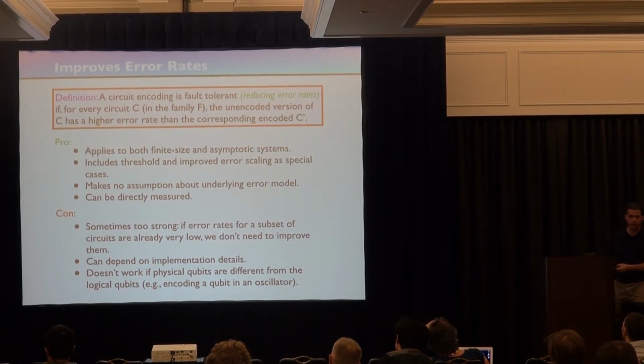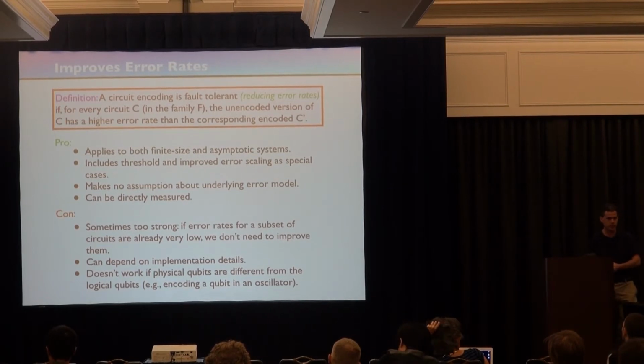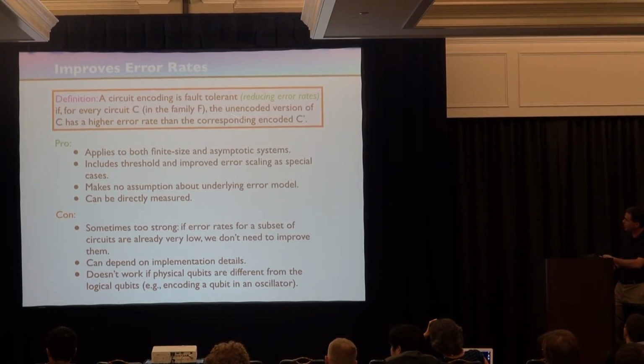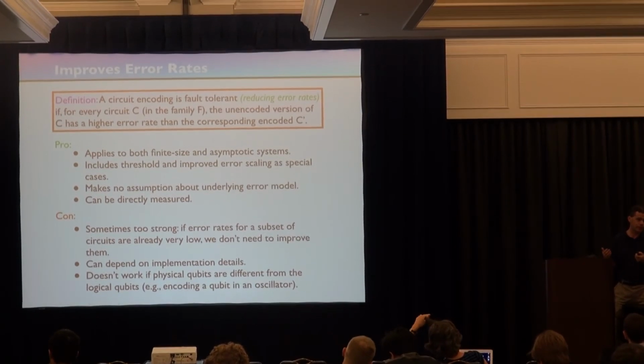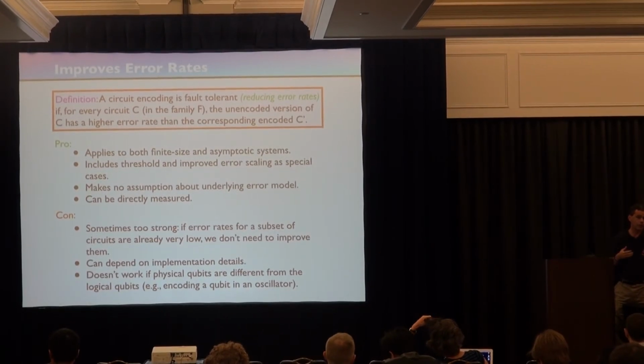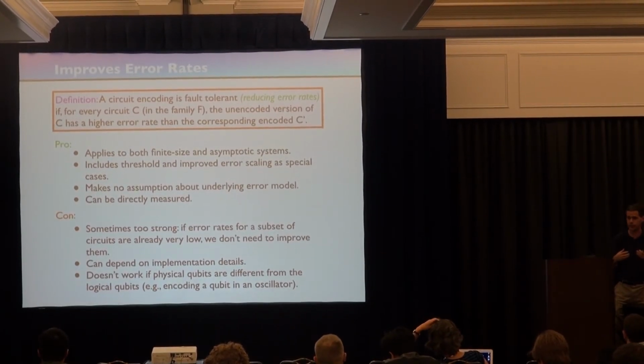And finally, and this is a problem that was pointed out by David Poulin. This is in my mind a somewhat more serious problem for the general context, which is that you need to compare the error rates from the unencoded version with the encoded version, and that only makes sense if they're both qubits or both in the same kind of system, right?